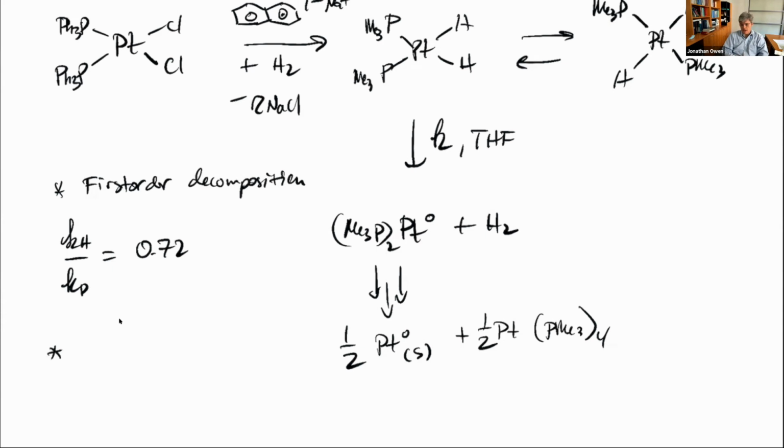If he runs this reaction under D2 atmosphere and H2 atmosphere, the decomposition kinetics are different. It says that the KH reaction is slower than the KD. And this is because the Pt-H and Pt-D bonds are being broken in the rate determining step.